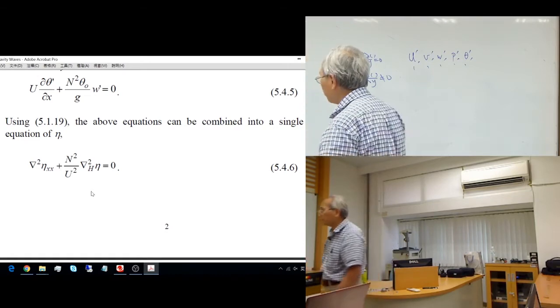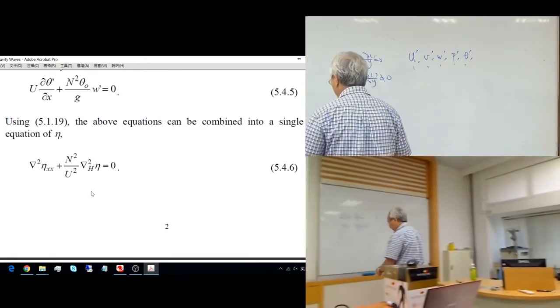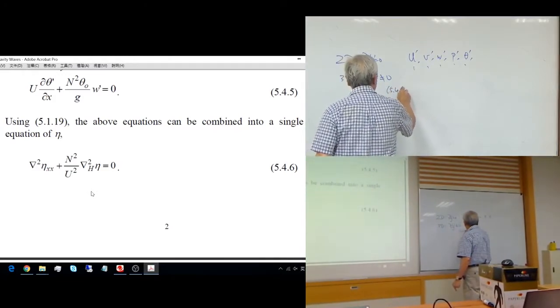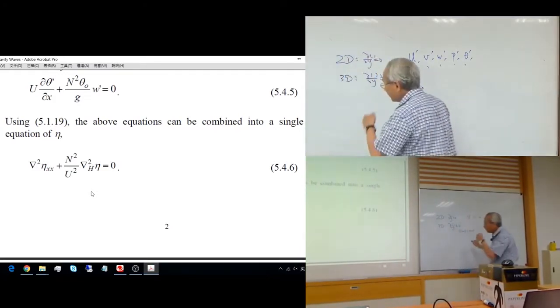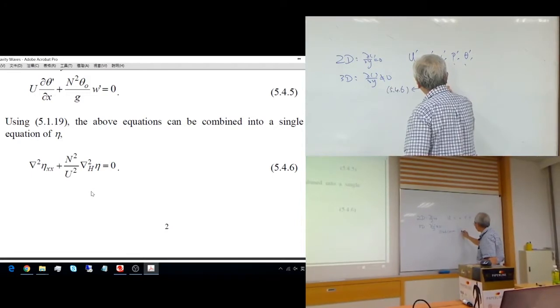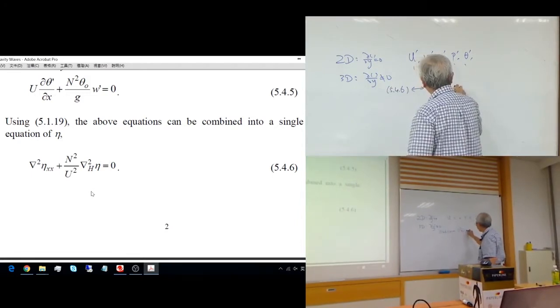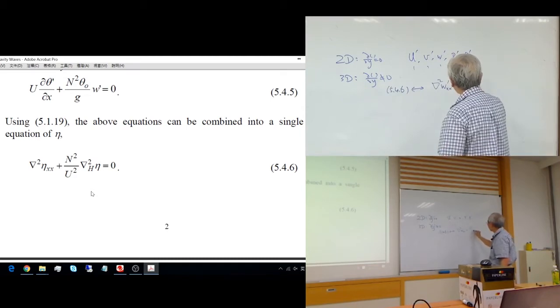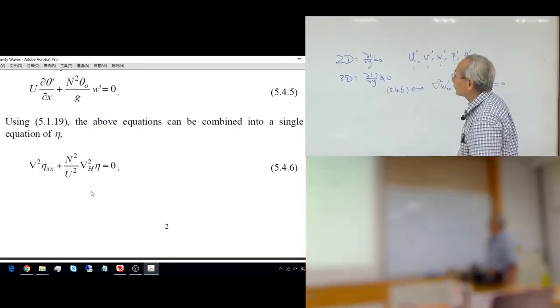Basically, 5.4.6 is equivalent to del squared w prime xx plus N squared over U squared del_h squared w prime equals 0.